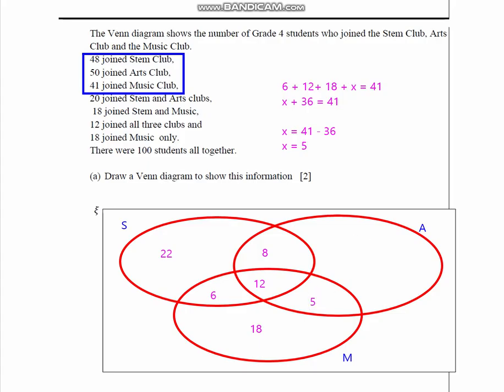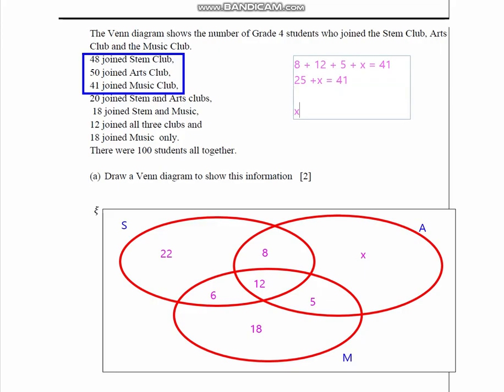Then from now we can go back to the 50 students choosing arts. So we put an unknown variable x here. We have your 8 on the arts. Exactly, it's 8 plus 12 plus 5 plus x equal to 50. Then 8 plus 12, that's 20, plus 5 is 25, plus x equals 50.